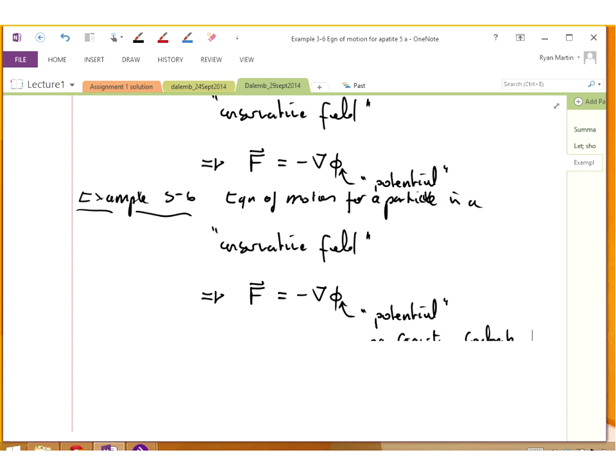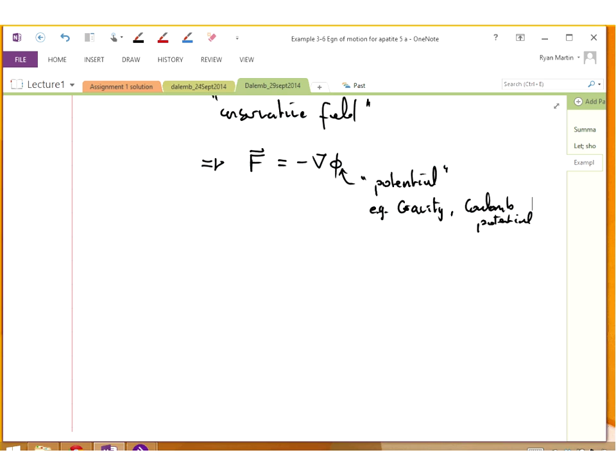So let's consider one particle in Cartesian coordinates that is subject to a force from this potential. Our system is only one particle. So for one particle, using Cartesian coordinates, the kinetic energy T of the particle is a half m times x dot squared plus y dot squared plus z dot squared.